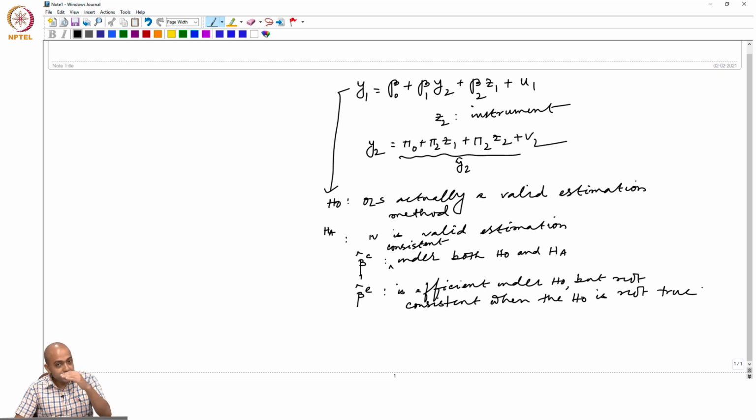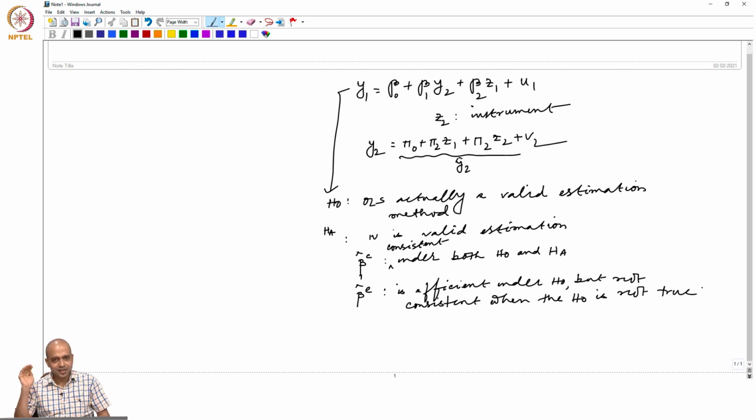So, that means if OLS is actually not valid, if there is endogeneity and we still apply OLS, then the resultant estimates won't be consistent. That is the problem of applying OLS. When there is endogeneity, we will lose the consistency property.